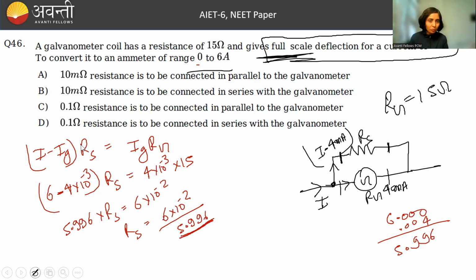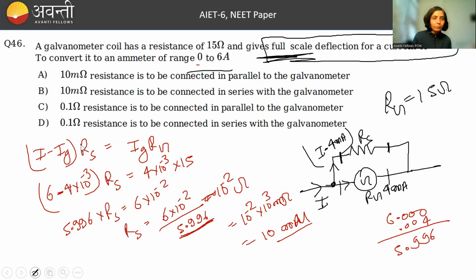So this will become almost 1, and that is 10 to the power minus 2 ohm approximately. Okay. And this is equal to how much? Milliohm. So we can convert it into milliohm by multiplying it with 10 to the power 3. So this is equal to 10 milliohm. Again, so 10 milliohm resistance to be connected in parallel to the galvanometer. Obviously, this is a meter, then shunt will be in parallel, not in series. That happens in voltmeter.